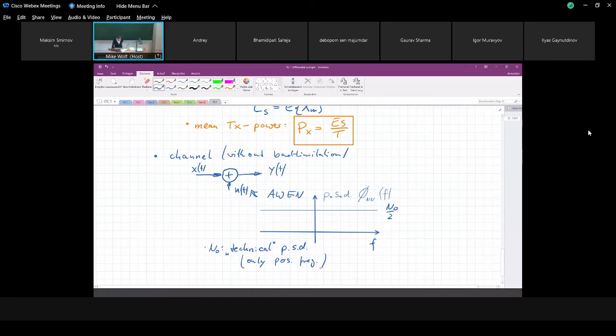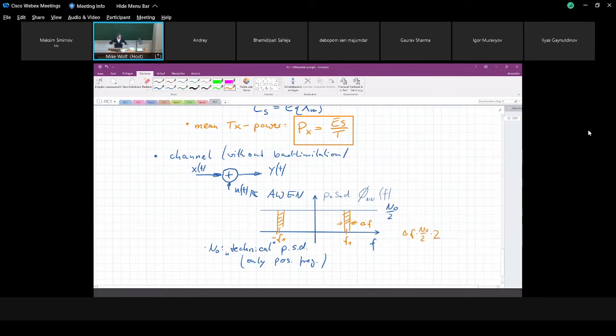So if we take a look at a certain power, you don't have to draw this. If we take a look at the power at a frequency, let's say f1, we have also to take a look at minus f1, and the total power in a certain bandwidth range would be this. Take a look at the right-hand side, delta f. The total power at f1 in a band of width delta f is delta f times N naught by 2 times 2.